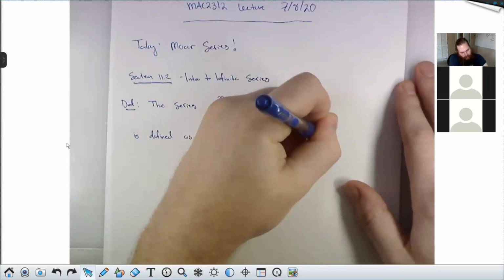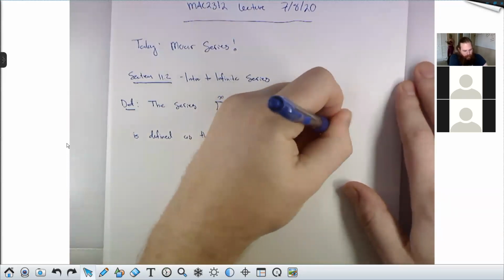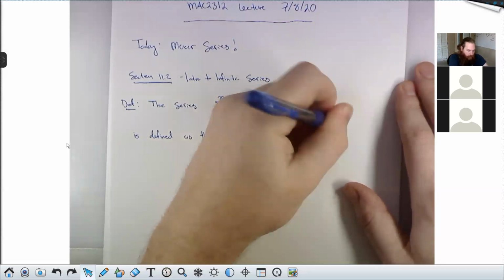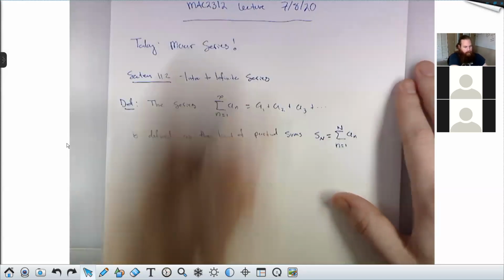S sub capital N is the sum from little n equals 1 to capital N of a_n.